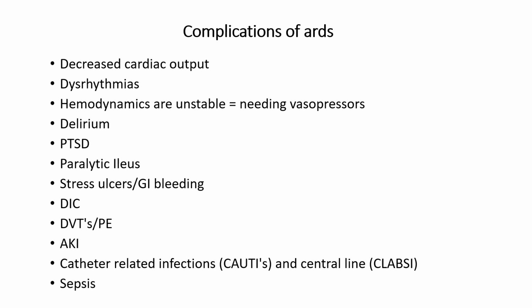Stress ulcers or GI bleeding. Critically ill patients divert blood away from the stomach to vital organs. So this makes the stomach lining fragile and prone to ulcers. So without PPI prophylaxis, these ulcers can bleed. So disseminated intravascular coagulation, DIC.